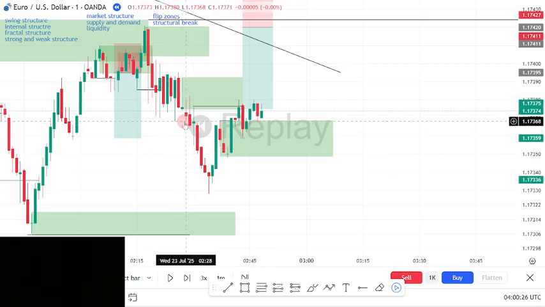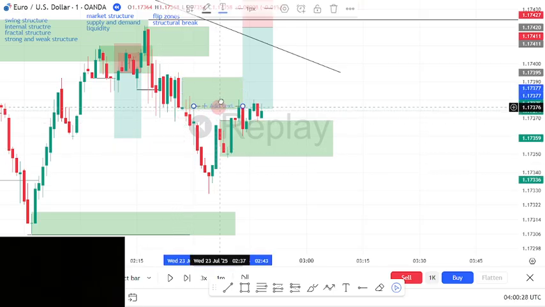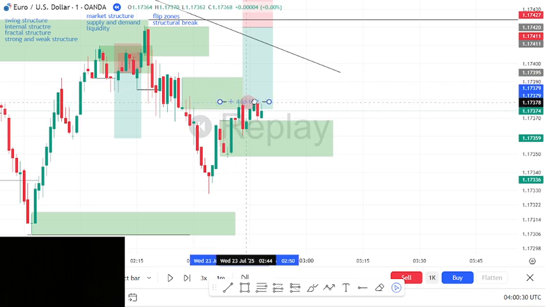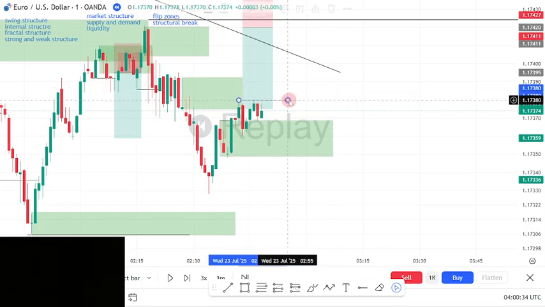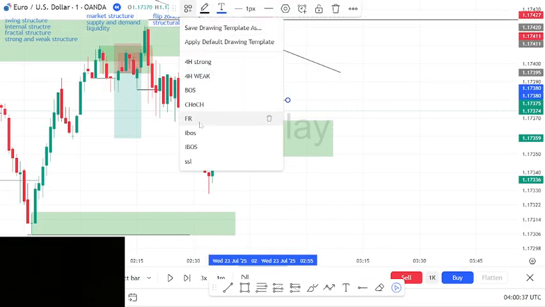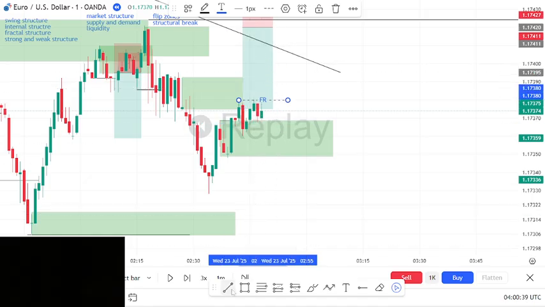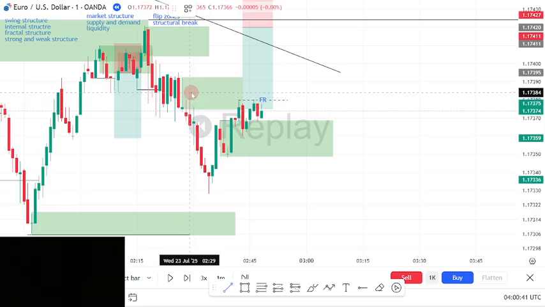Let this candle squeeze below the last candle's low. Here is the failed reaction low. Here is the fractal structure, and that's failed to close below the candle's low. I think it is this one.